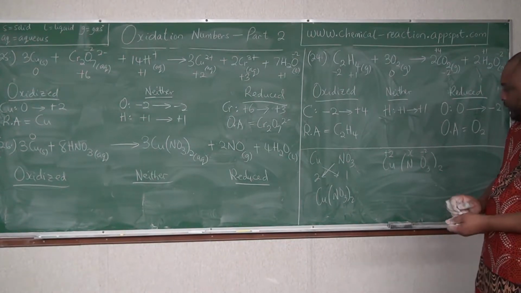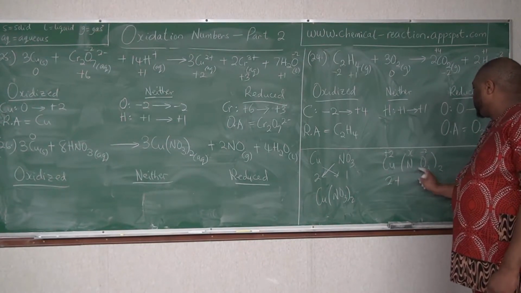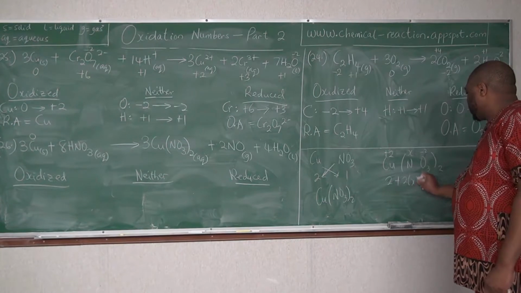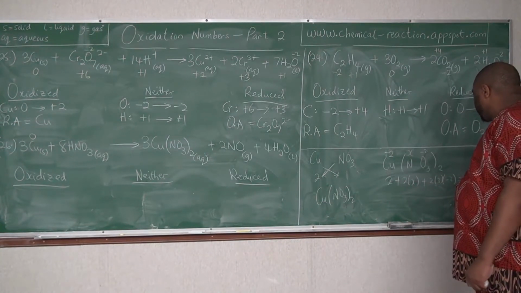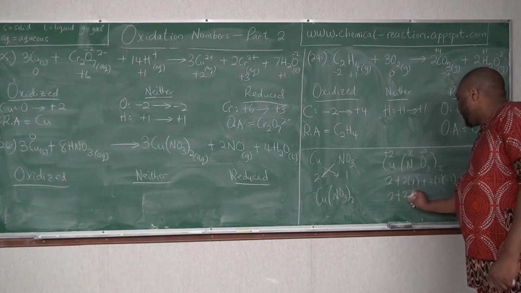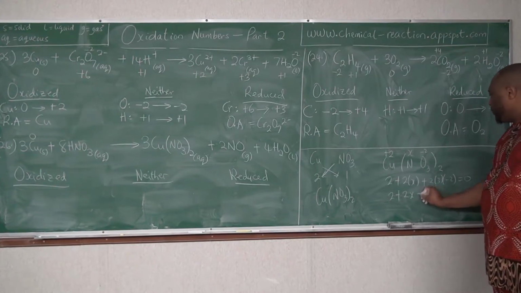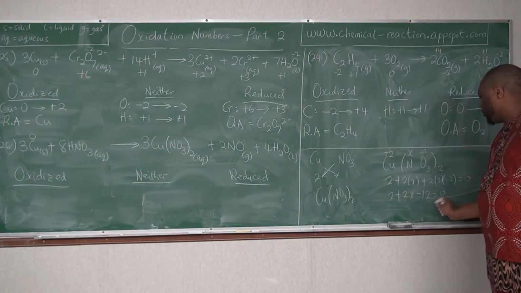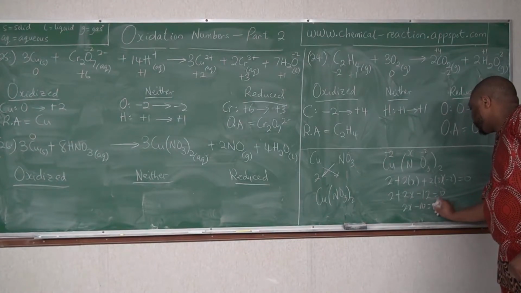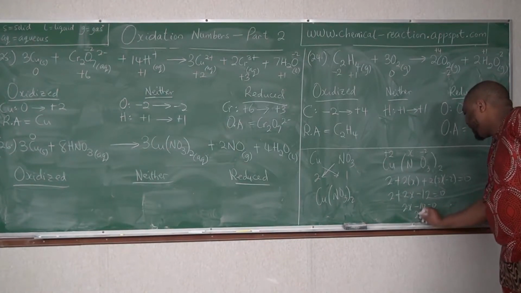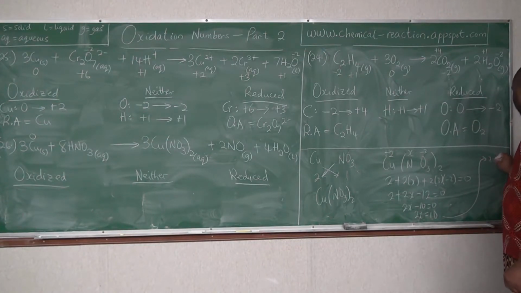So 2 plus 2X plus 2 times 3 times minus 2 equals 0. So 2 plus 2X, 2 times 3 is 6, times minus 2 is minus 12, equals 0. So 2X minus 10 equals 0. 2X is 10, so X is plus 5.